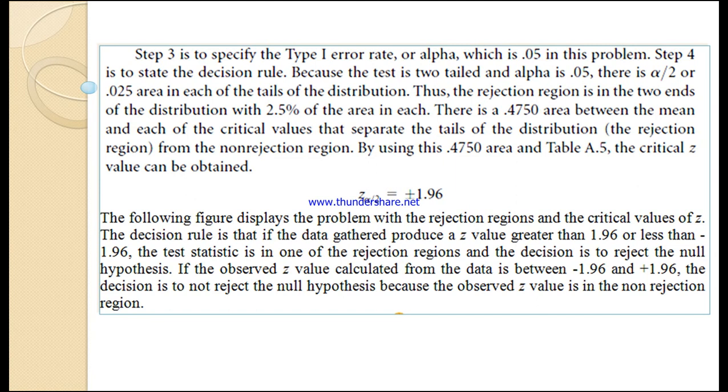However, if the observed or calculated Z value is between negative 1.96 and positive 1.96, the decision is to not reject the null hypothesis because the observed Z value is in the non-rejection region.